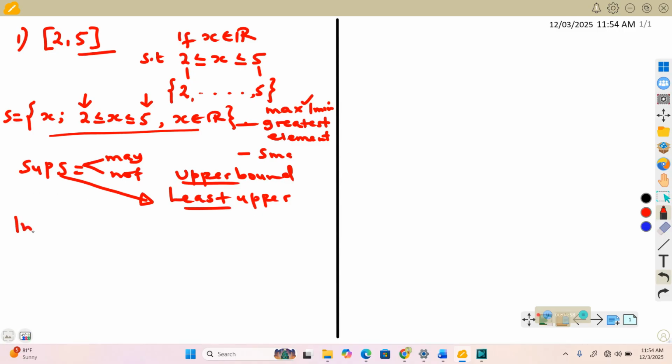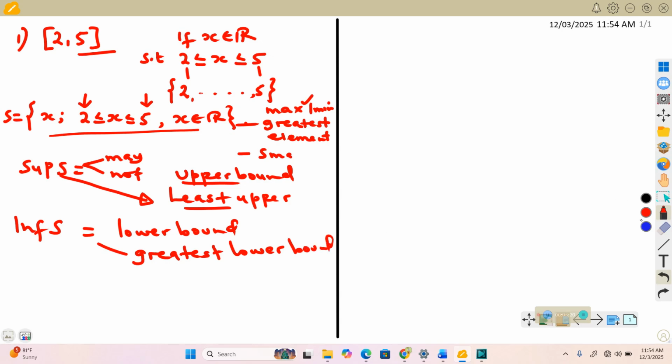To talk about the infimum of such a set, the infimum should first of all be a lower bound, and then it must be the greatest lower bound.